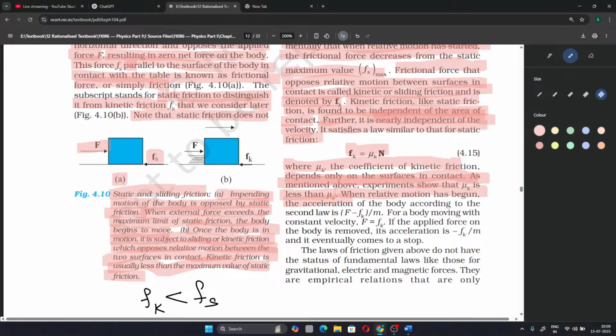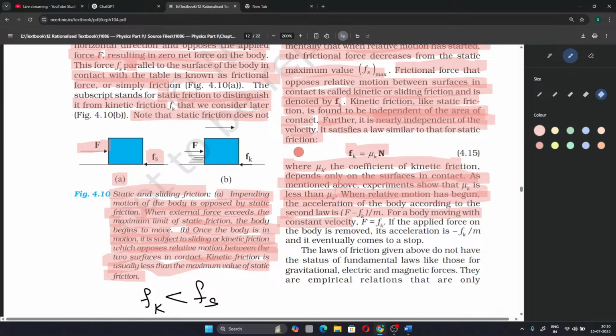The acceleration of the body, according to the second law, is (F minus Fk) by m for a body moving with constant velocity. Basically, they gave two pieces of information here. The first is that static friction is more than kinetic friction, so the coefficient of static friction is also greater than the coefficient of kinetic friction.